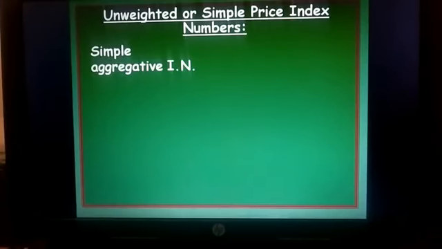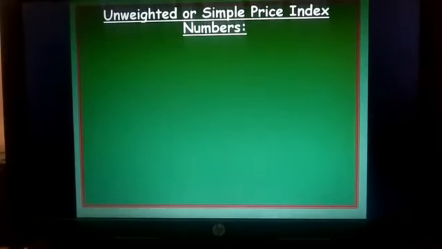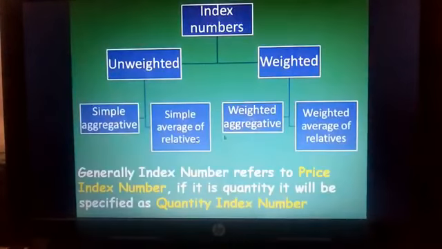One is simple aggregative and price relatives. First index number, unweighted and weighted. In that we are considering unweighted now first. In this, once again, simple aggregative and simple average of relatives was present.